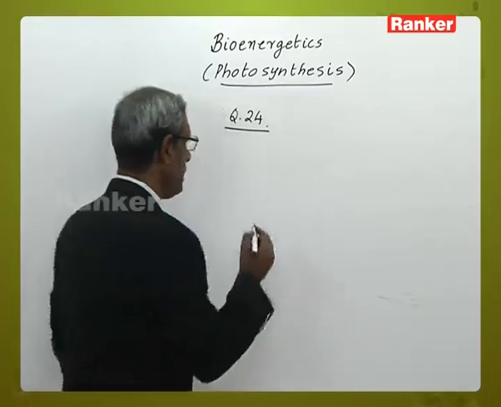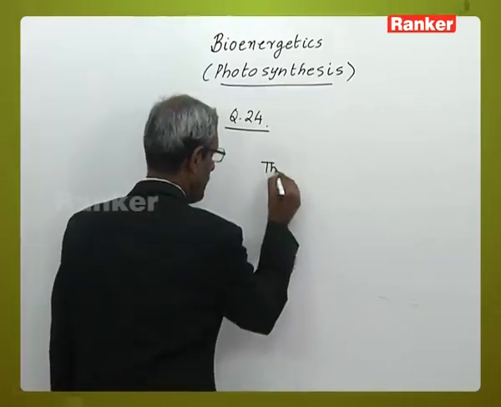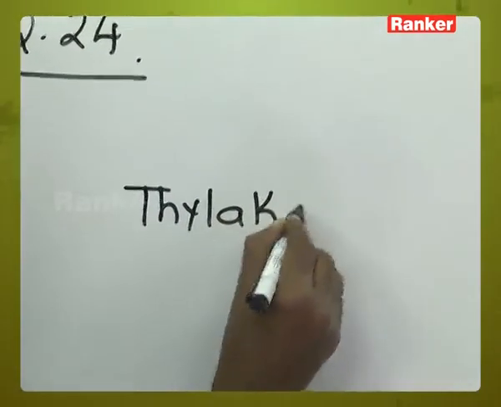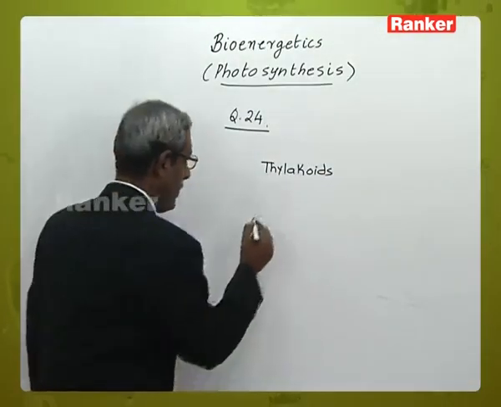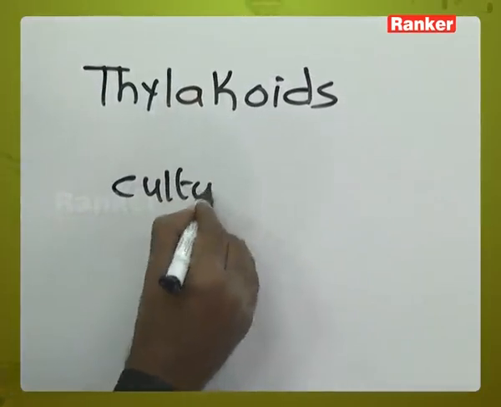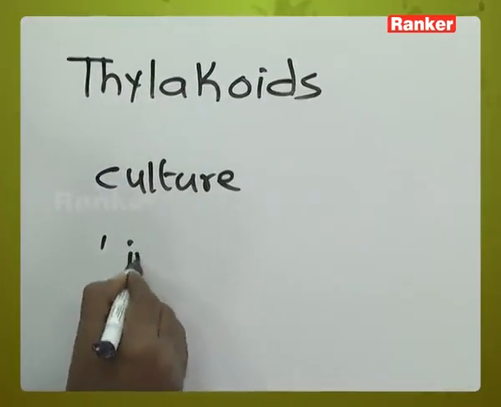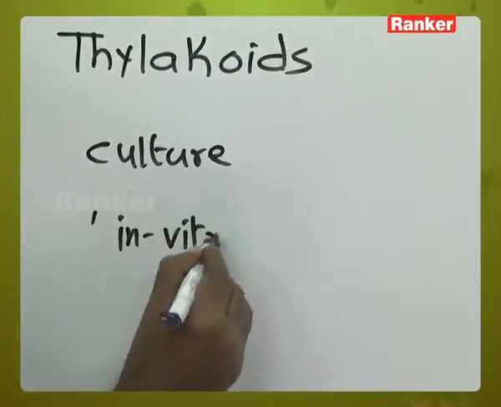Imagine a situation wherein we isolate thylakoids from the chloroplast and we are culturing them under artificial conditions, which is termed as in vitro conditions.